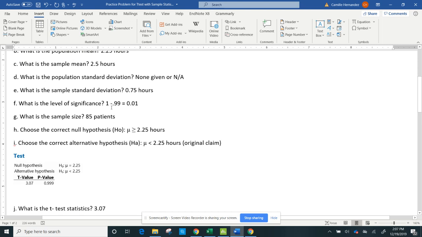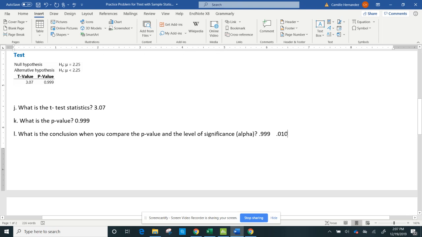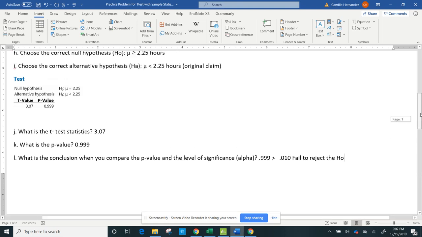And look here, where did I get that? I got that right here from the level of significance. So I know this is greater than this. That means because the p-value is greater than the level of significance, I fail to reject the null. Okay, what does that mean? It means the null is true, the alternative is false.